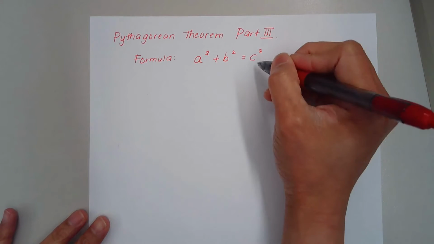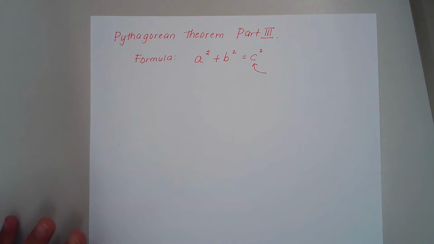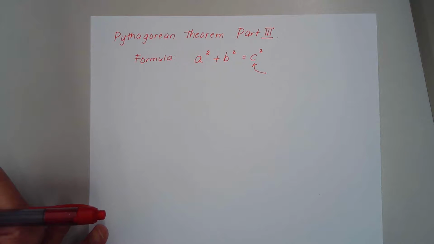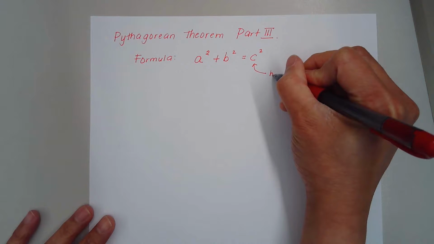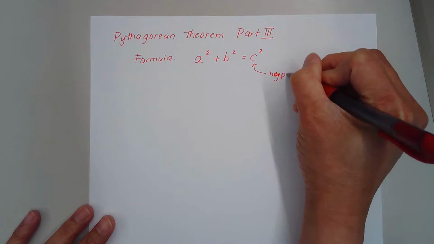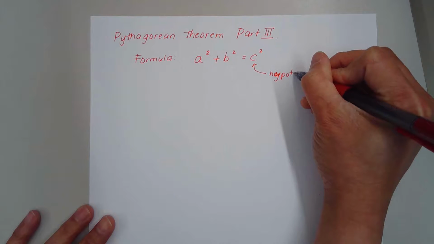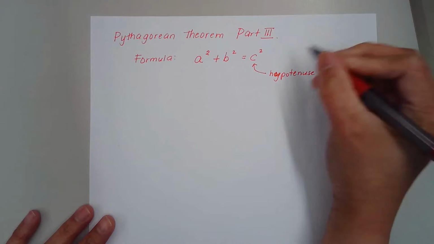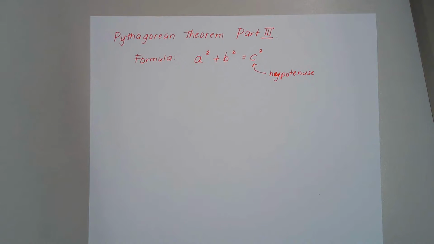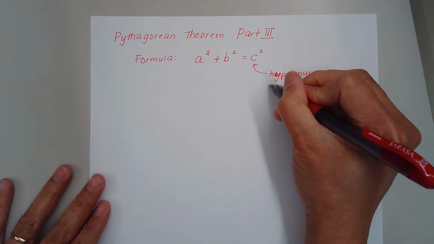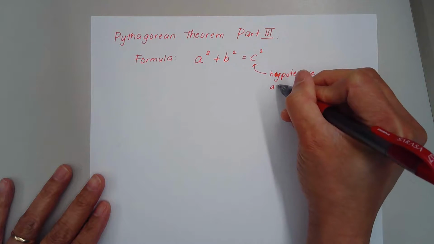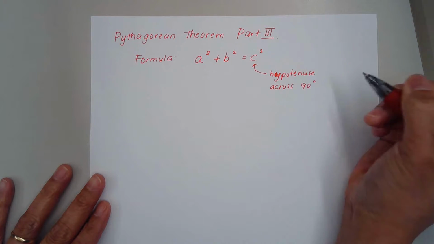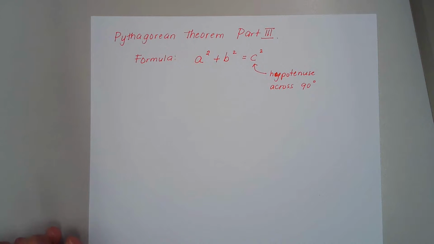Now, we have a special name for this C. What's a special name for the C? You already said it earlier. Hypotenuse. Not hippopotamus. Hypotenuse. Yeah. And what do we know about the hypotenuse? It's across from 90 degrees.